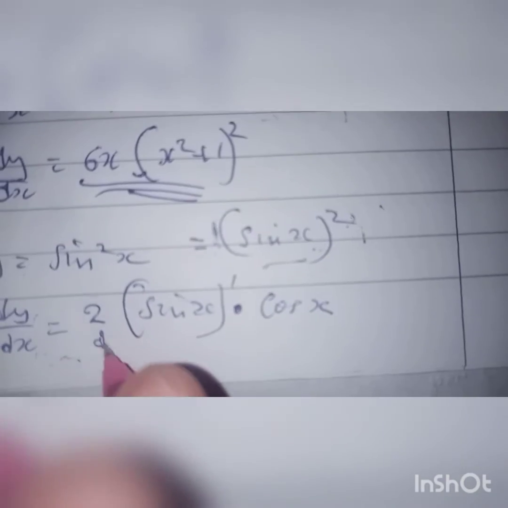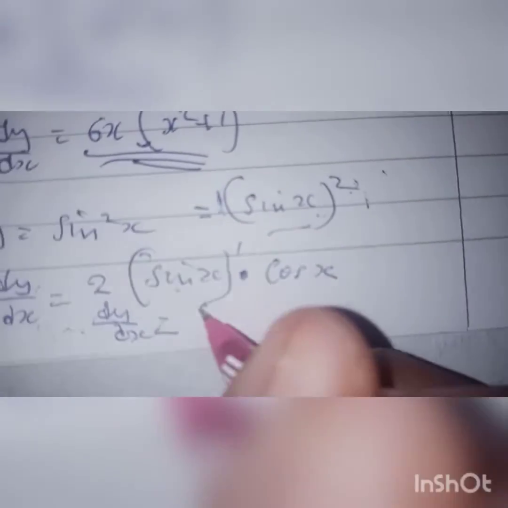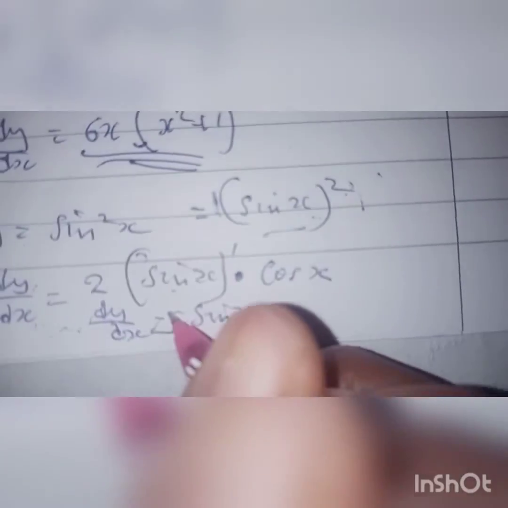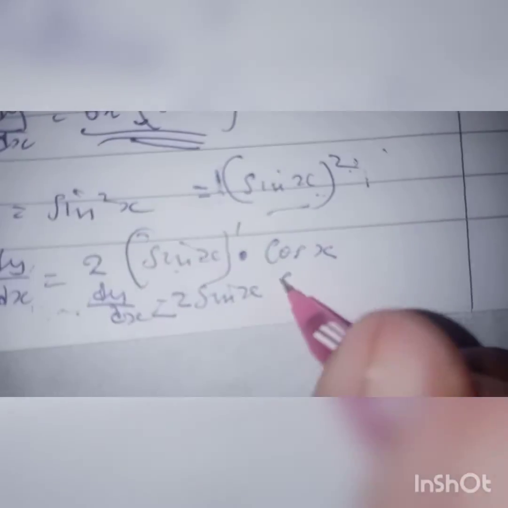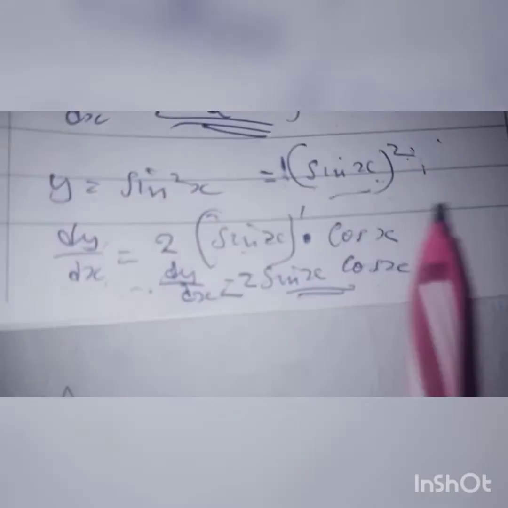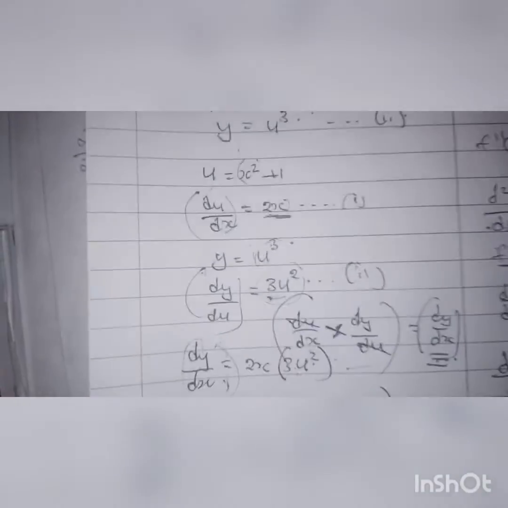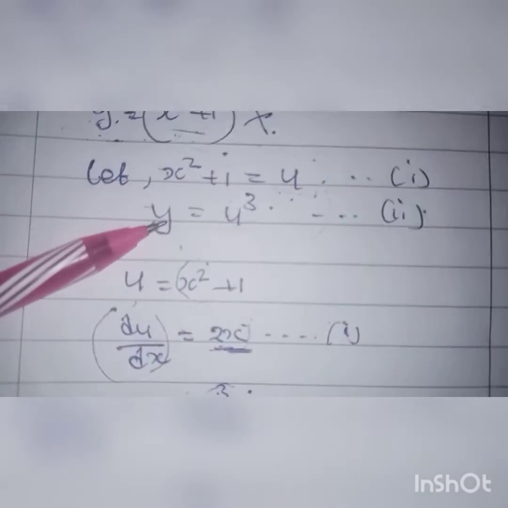So, finally, we can write dy/dx as equal to what? 2 sine x cos x. Hence, differentiated. Can't you see this is simpler than using the substitution one?